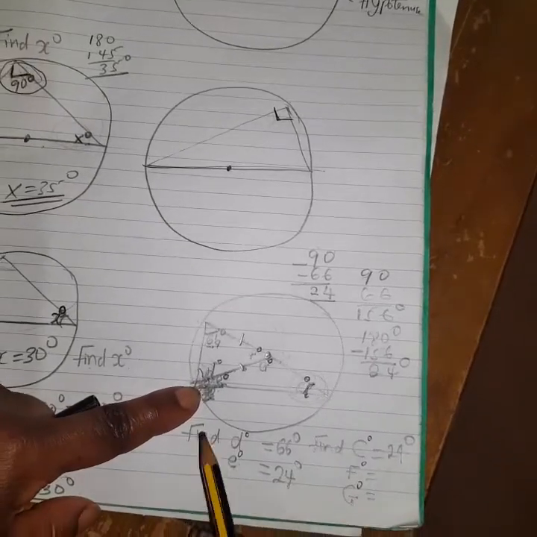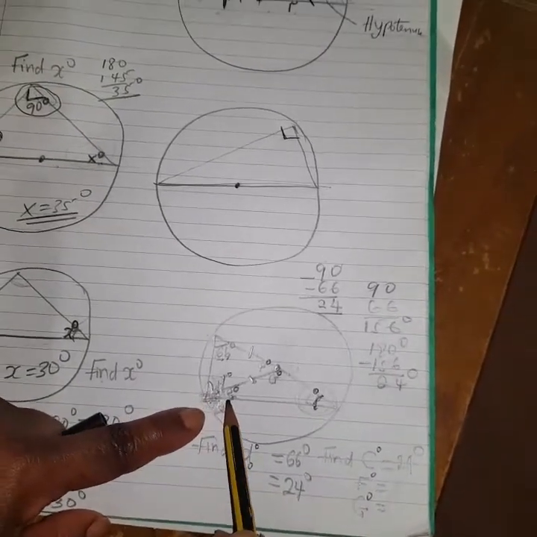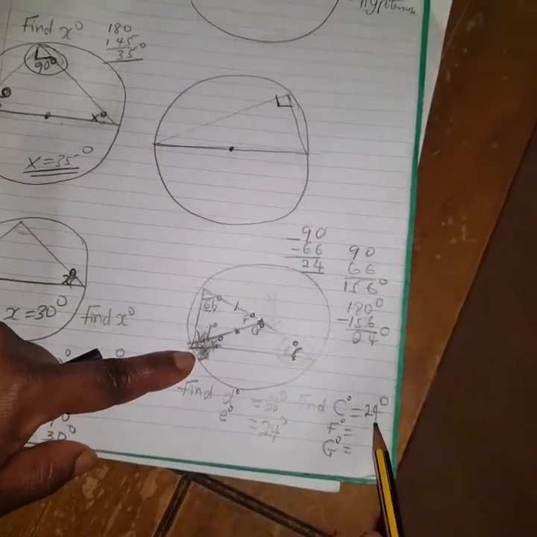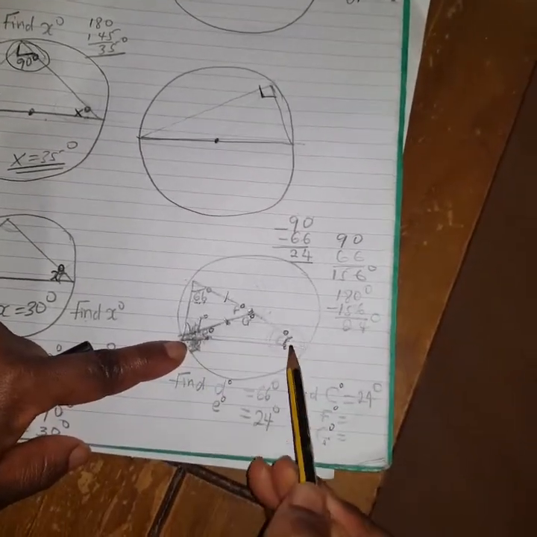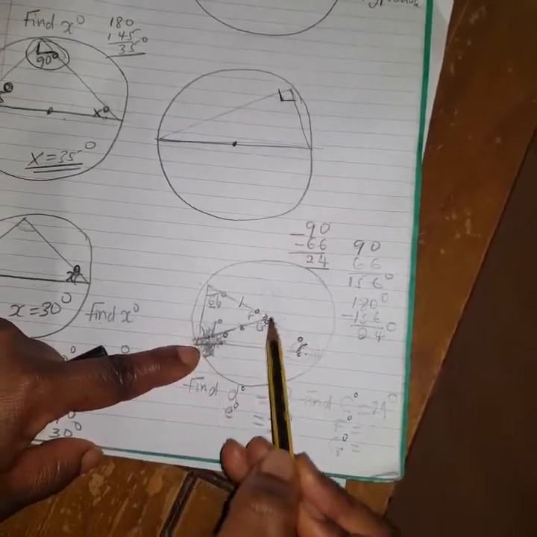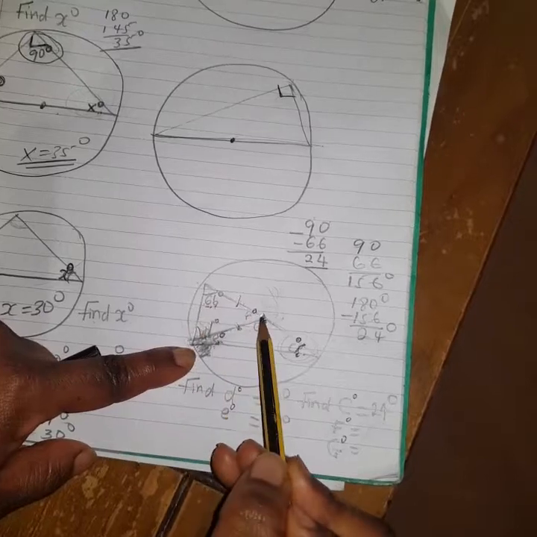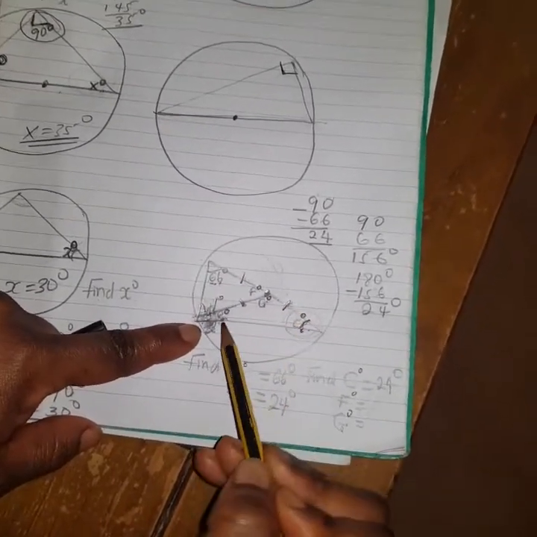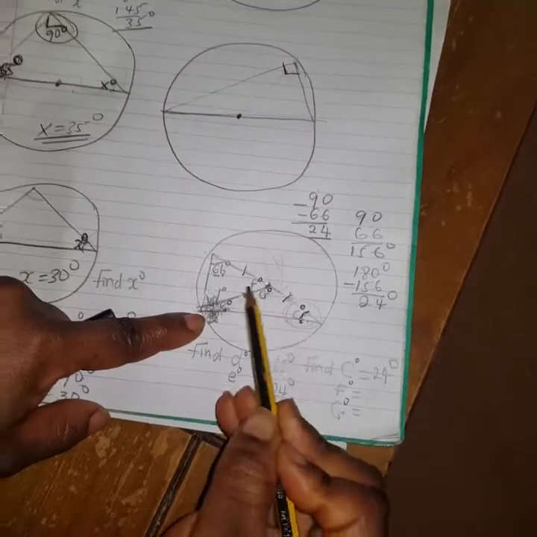All right. Now, if I know this is 24, and I know this is 24 because we already worked it out, can you see that we have one isosceles triangle there? This is a radius, this is another radius. So can you see it does make sense? The base angles of this side should be equal.